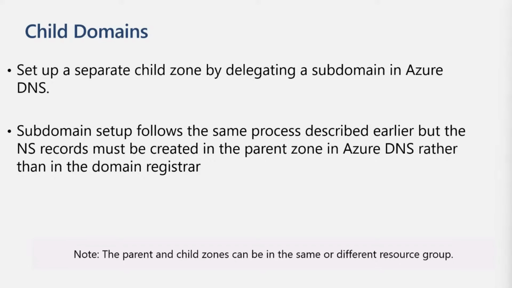The only difference is that NS records must be created in the parent zone rather than in the domain registrar. And just a note here, parent and child zones can be in the same or different resource groups. So depending on what your needs are, keep that in mind when you're configuring both the parent and child zones.